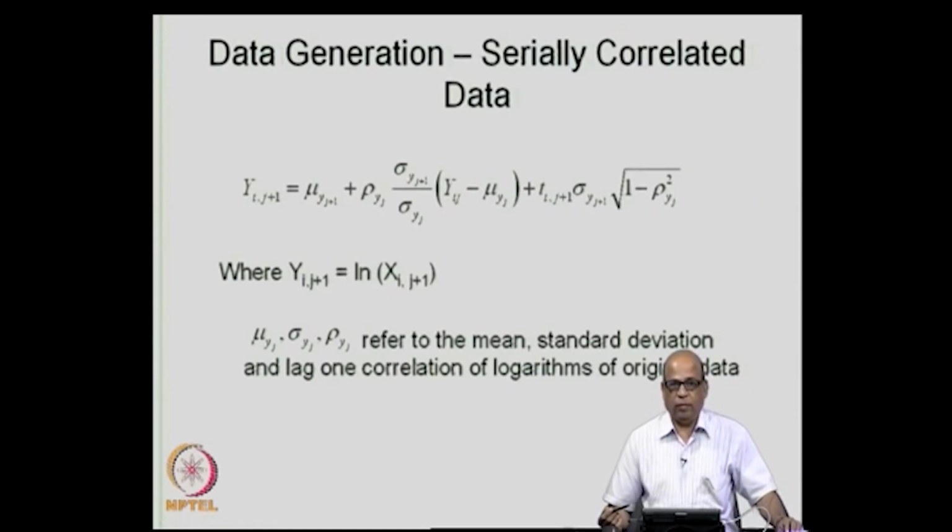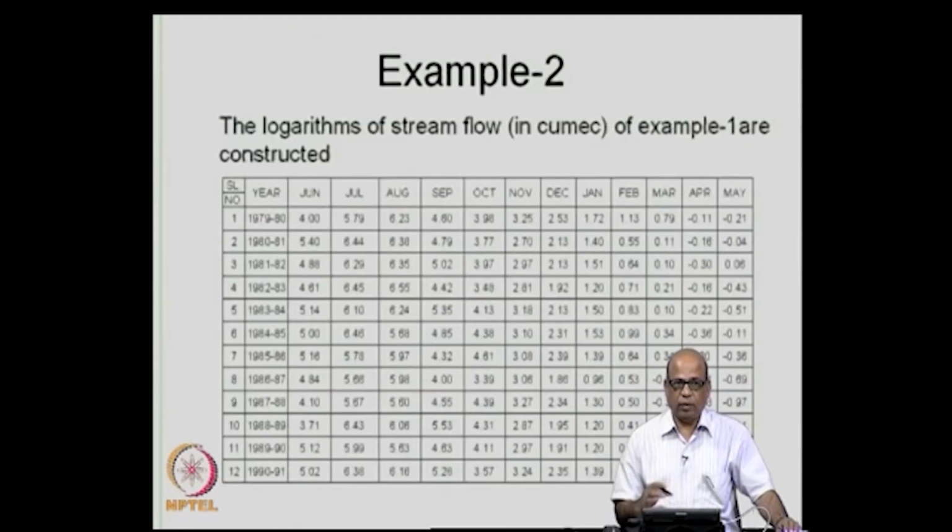Let us examine the data that was given in the previous example, the same data, but we will convert that into logarithm of the flows. Again 12 years are shown, but we have 29 years of data. When you are converting into logarithm of flows, generally you face a difficulty that some of the flows may be 0, in which case log 0 is not defined.